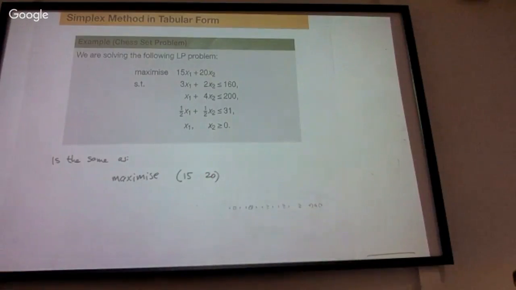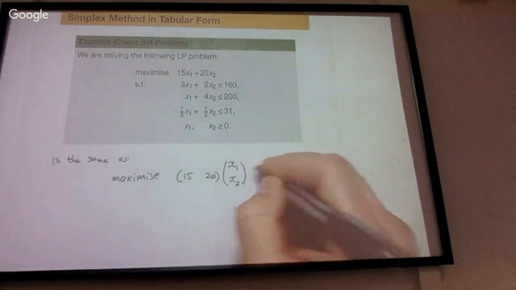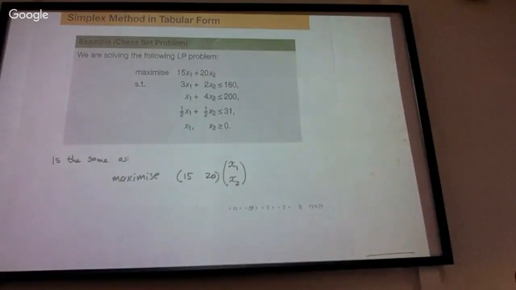Is that a vector? A row vector? And if we multiply it by x1, x2, what do we get? 15x1 plus 20x2. Hopefully you know that much from Steve's lectures.